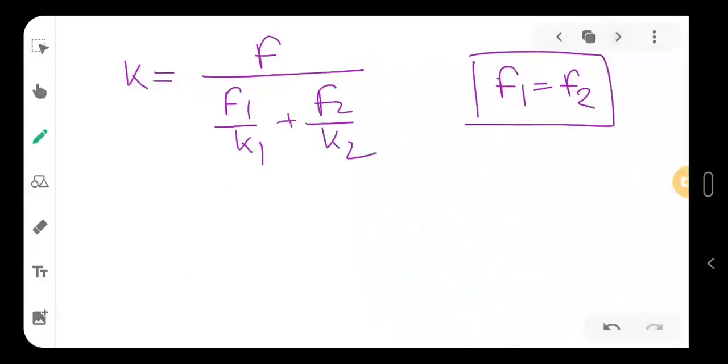So what I will do here, I will make these two things the same.